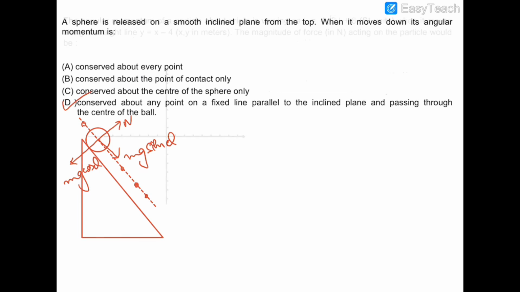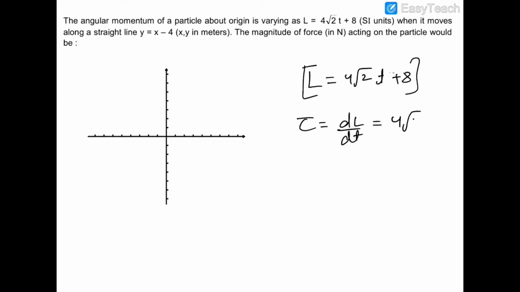Now we move on to the next question. In this question, it is given that the angular momentum of a particle about the origin is L equal to 4 root 2 t plus 8. So we can calculate the torque, because torque is dL by dt, and therefore it is 4 root 2.